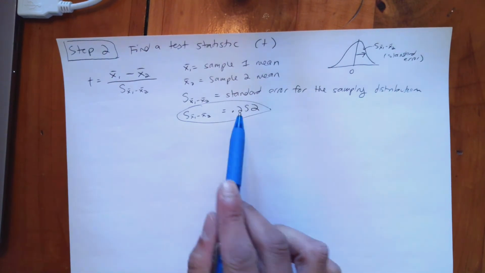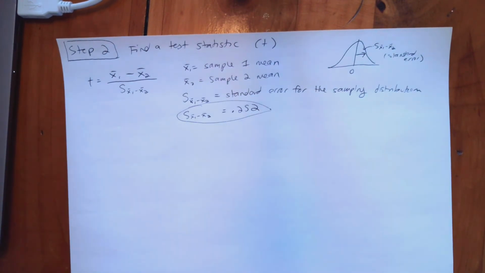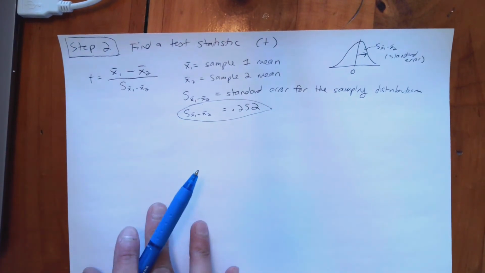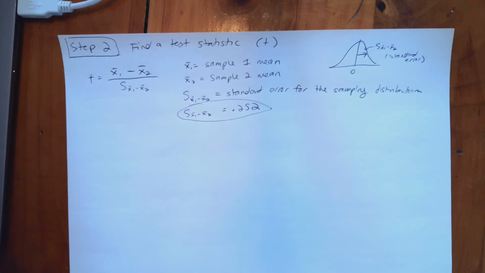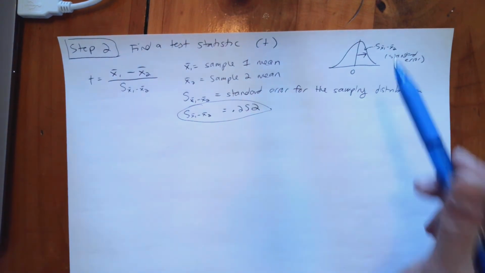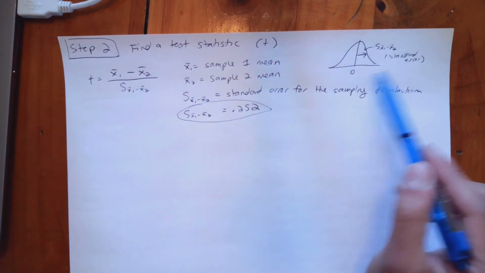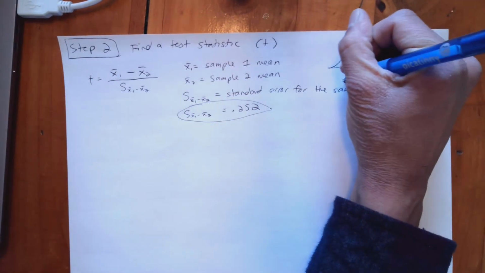This is a value I'm going to give to you. It's a pain to calculate. It can be calculated from things that you measure about the sample, including the sample size and the sample standard deviation, but it's annoying to do by hand, so instead I'm just going to give it to you. And it refers to the standard error of our sampling distribution for the difference in means.